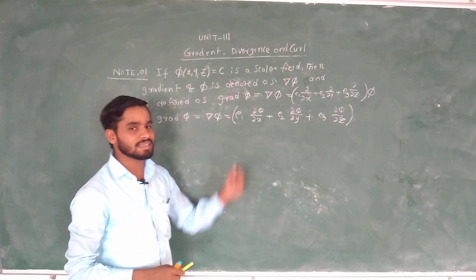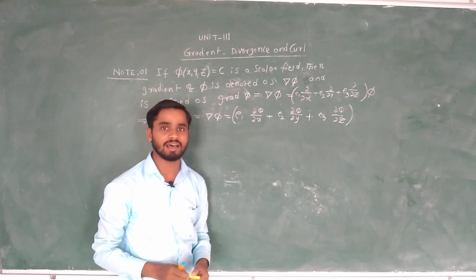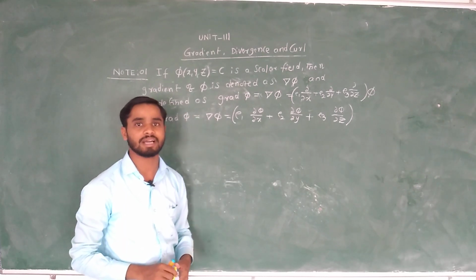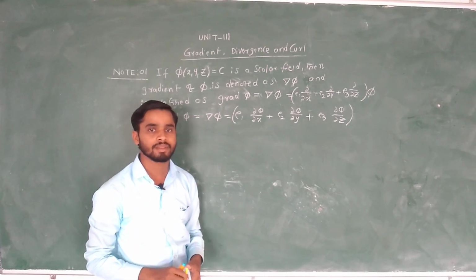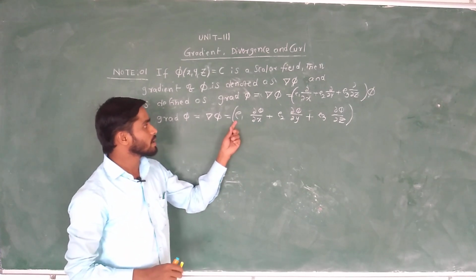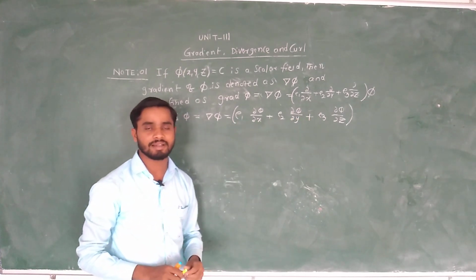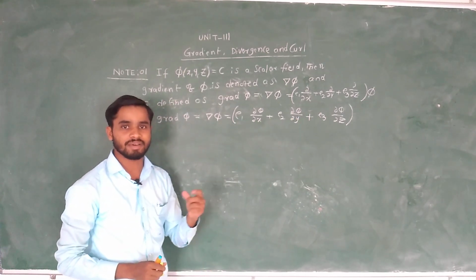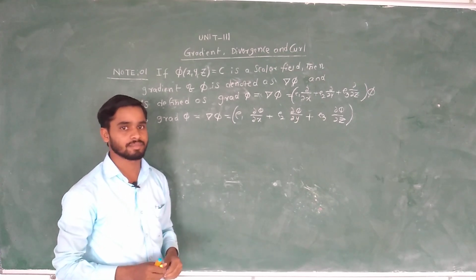So this is exactly the gradient of scalar field phi of x comma y comma z is equal to constant. In this, here E1, E2, E3 are the unit vectors along x, y, z.